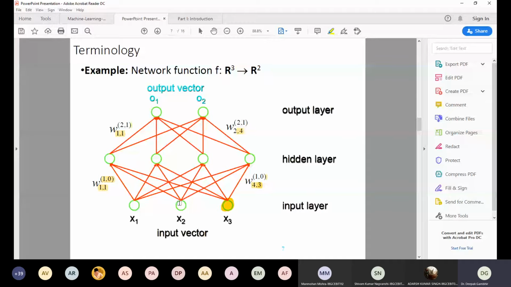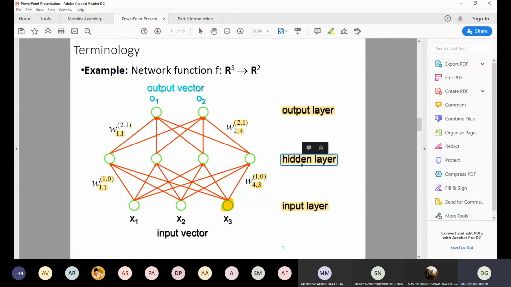What do the superscripts 1 0 and 2 1 represent? I have already told you in the previous class that the input layer is the 0th layer, the hidden layer is the first layer, and the output layer is the second layer. So if you write the network this way, the superscript 1 0 means it is between the input layer and the hidden layer.